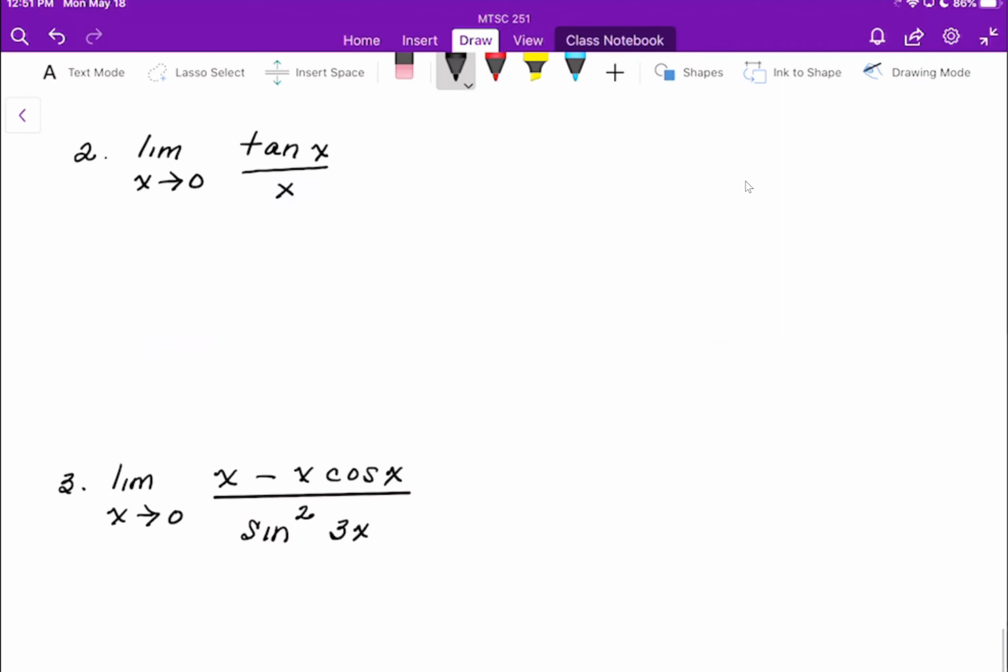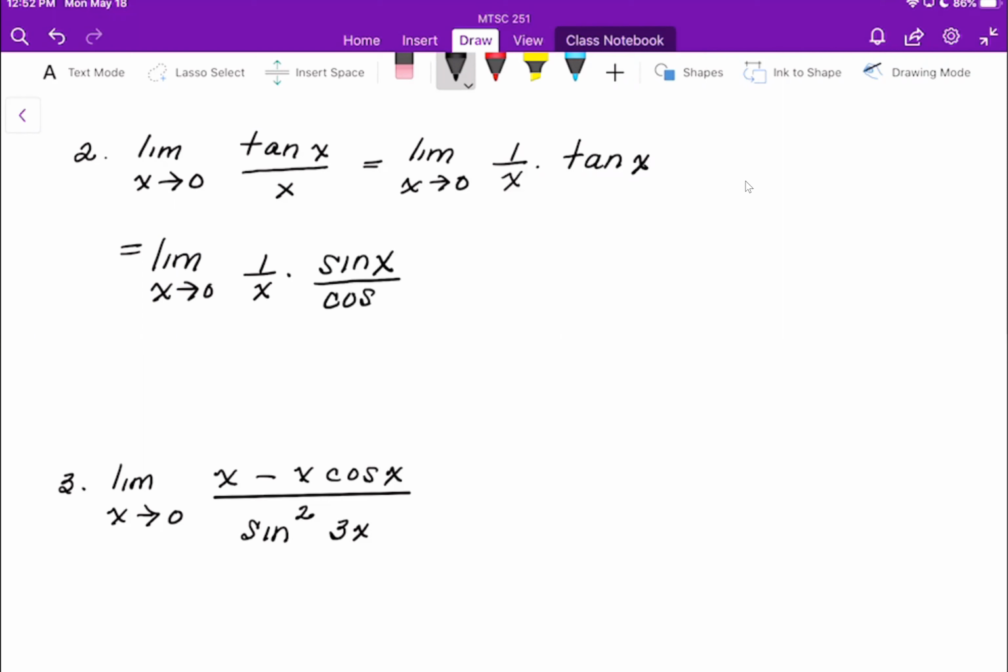The limit as x approaches 0 of the tangent of x over x. Well, I can write this as 1 over x times the tangent of x. So now that becomes the limit as x approaches 0 of 1 over x, and the tangent of x is the sine of x divided by the cosine of x.